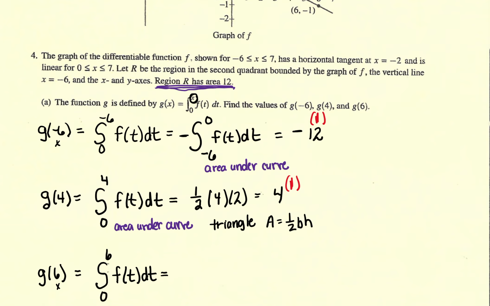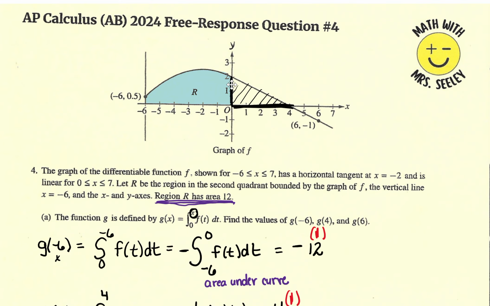So now I'm looking at the area under the curve from 0 to 6, which is all of this, from 0 to 6. So I've got this triangle above the axis, and I've got that triangle below the axis.